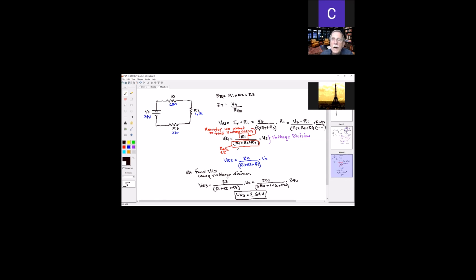So if I do not specify a method, you can solve for it any way you want. And this is not a generic rule in class. If I specify a specific method, what I'm really saying is, show me you understand that method. And if you do it any other way, even if you come up with the right answer, it will be marked wrong because you didn't show me that in this case, you understand voltage division.